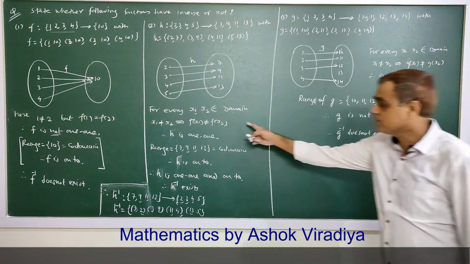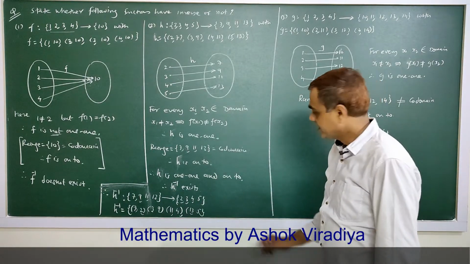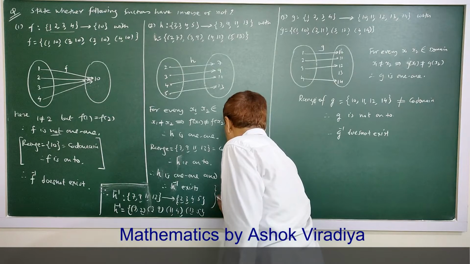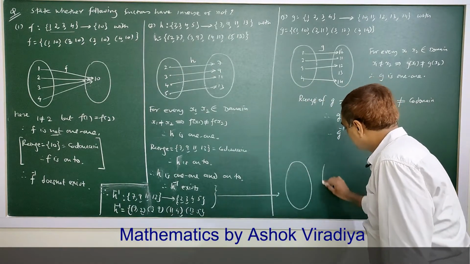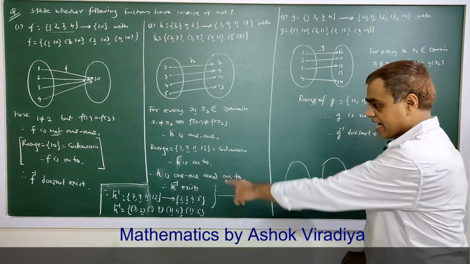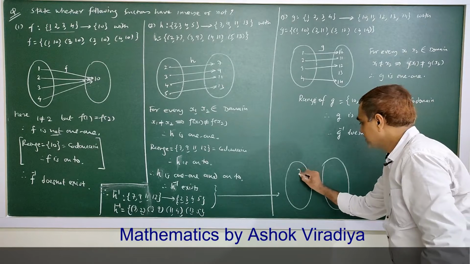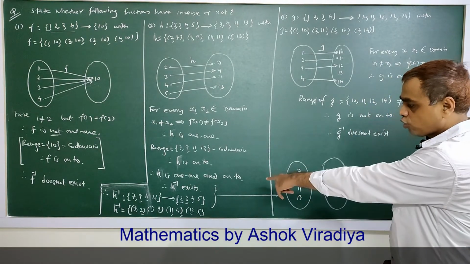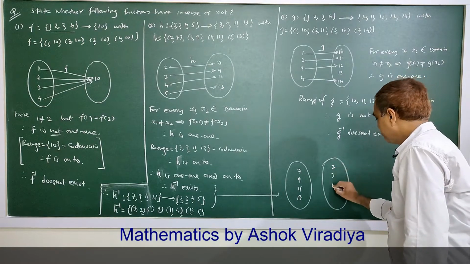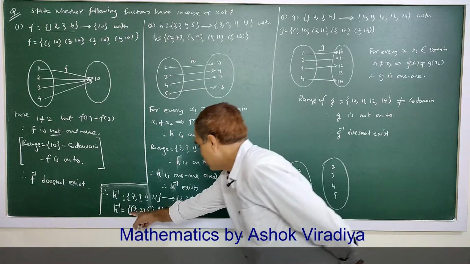If a function is 1-1 and onto both, then the inverse exists. See here, a diagram for this function can also be shown this way. Showing the diagram for h inverse. Domain of h inverse is 7, 9, 11, 13. Codomain is 2, 3, 4, 5. What does h inverse do? Image of 7 is 2.